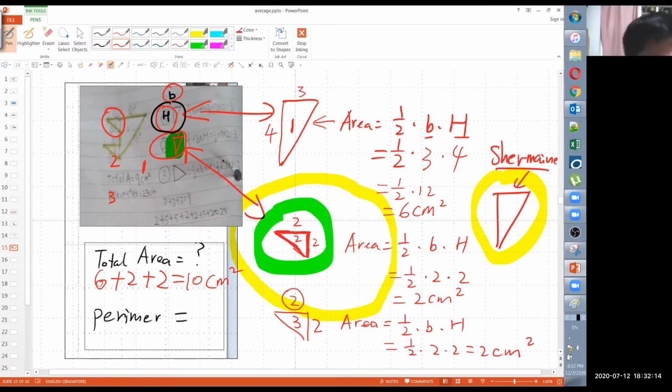Third triangle. You compare. The third triangle is exactly like the second triangle, and you are supposed to draw the triangle in this manner and write down the base, which is 2, and write down the height. Once again, you changed the triangle. By the way, you have drawn an isosceles triangle already.